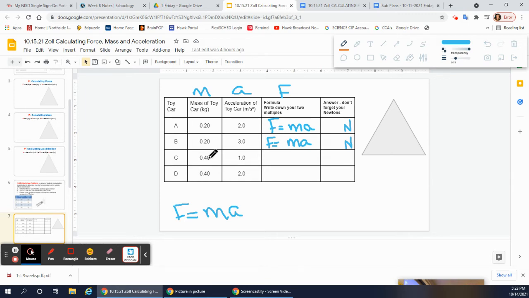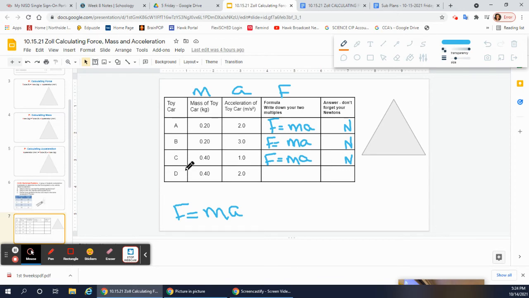In part C, we have net force, which is your applied force on the little toy car. Here's the mass of toy car C, and here's the acceleration. So mass times acceleration. So 0.4 times 1, put your answer there. It's measured in newtons. Forces are measured in newtons.